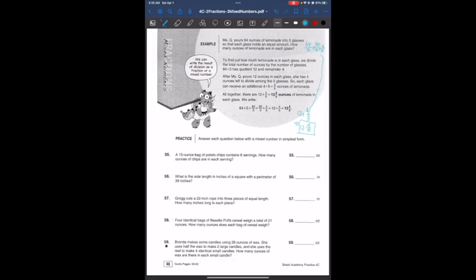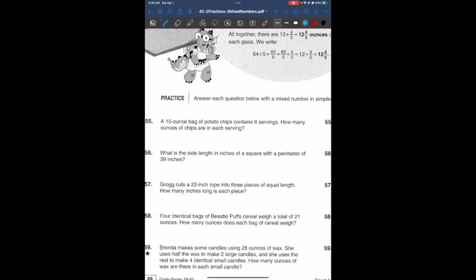Now we're going to go over some practice problems. And so it says, a 15-ounce bag of potato chips contains 6 servings. How many ounces of chips are in each serving? So here we're dividing 15 by 6. So writing this in fraction, it's going to be 15 over 6. And so that is basically going to be 12 over 6 plus 3 over 6.